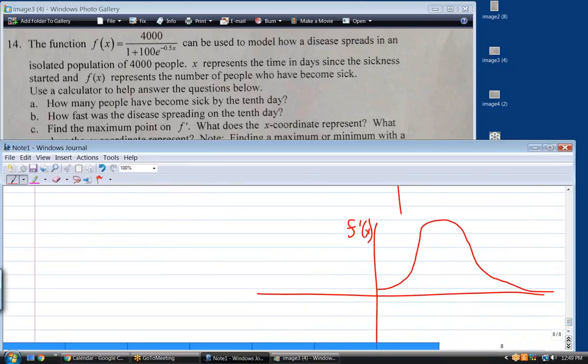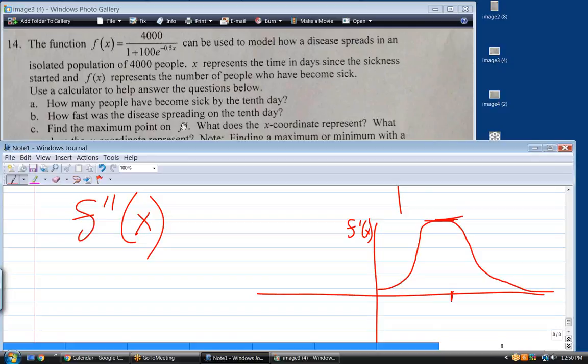And what they want is that point right there. What is the x-coordinate of the maximum of f prime? How do I get the x-coordinate of the maximum of any function? Take the derivative of this function and set it equal to 0. When I take the derivative of f prime, I'm taking f double prime.